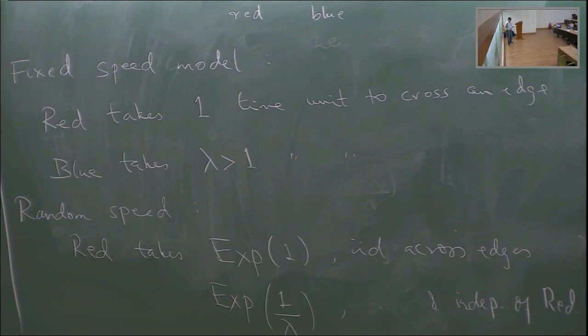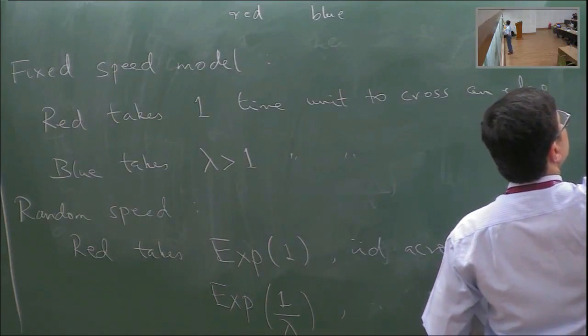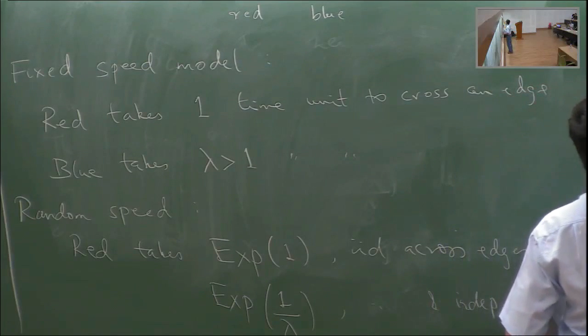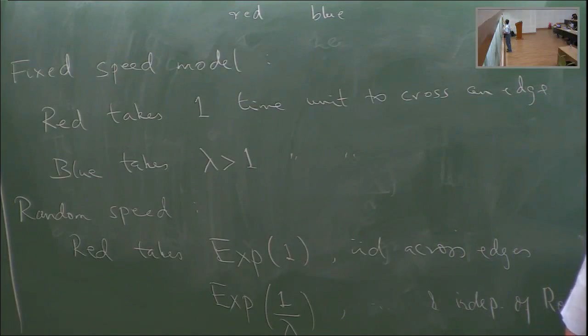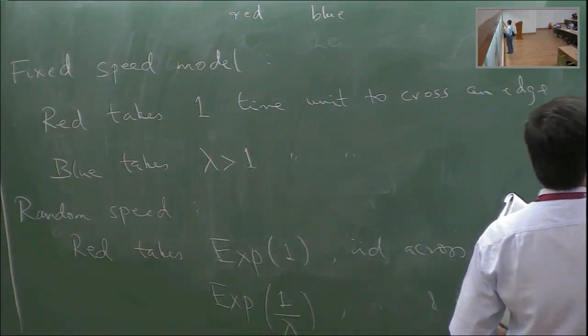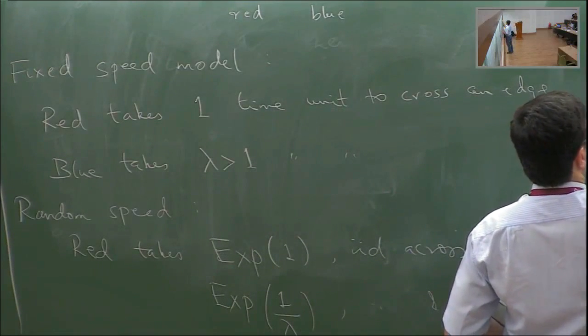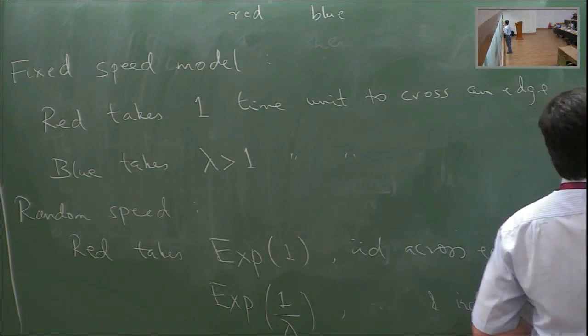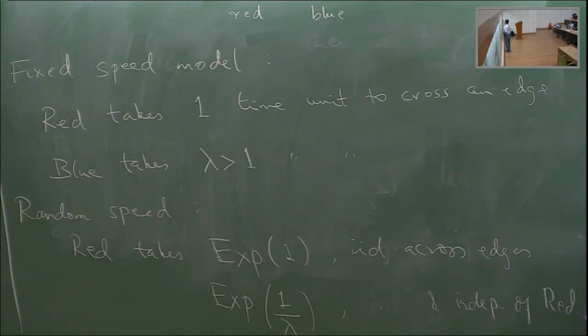And you can say quite precisely, these results are all for most realizations of the graph, a fraction tending to 1 as n goes to infinity. Most vertices become red, which is faster.